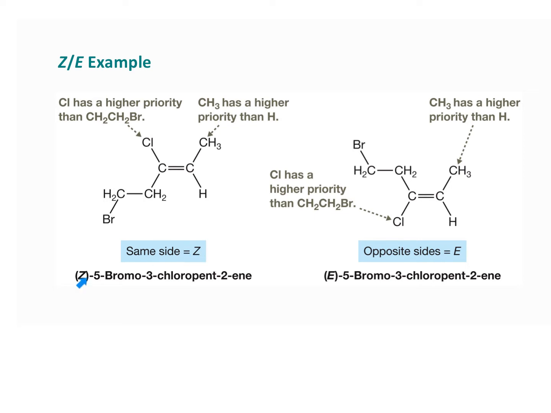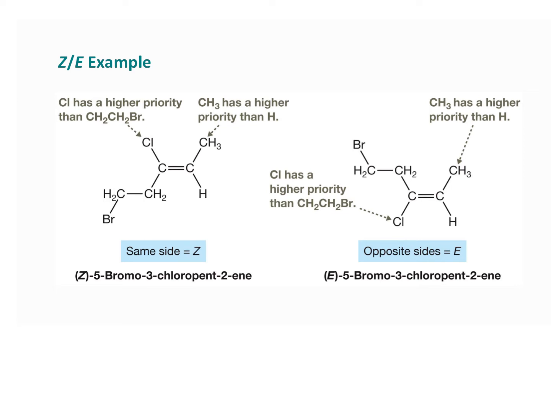You put the Z out in front with parentheses, very similar to R and S. Here we can see they're on opposite sides, and you can see the E here. Of course, these two things are diastereomers of each other. When you have multiple double bonds, you would use the location of the double bond with the Z or the E as well.